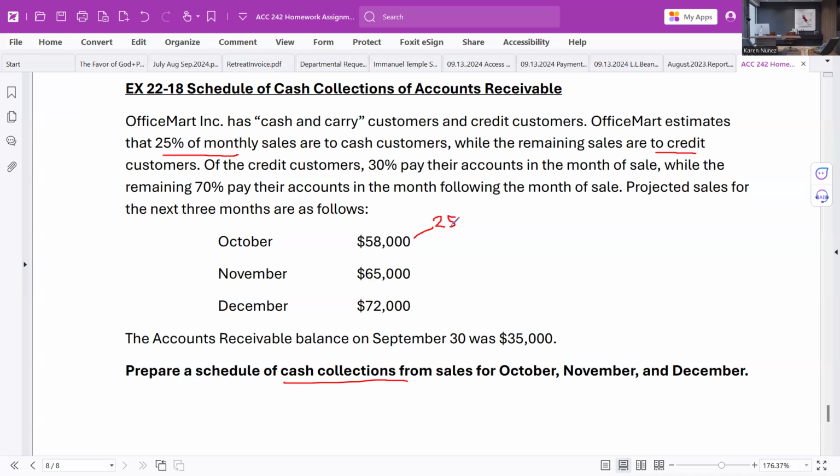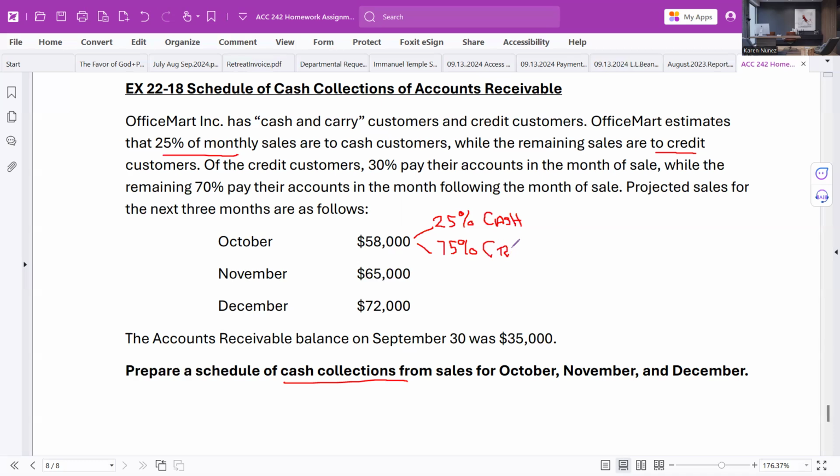In fact, 25% of it will be cash, and the other 75% of it will be credit. That's basically what they're telling us, right? Make a sale and you get 25% in cash, and the rest of it is just going to be credit.